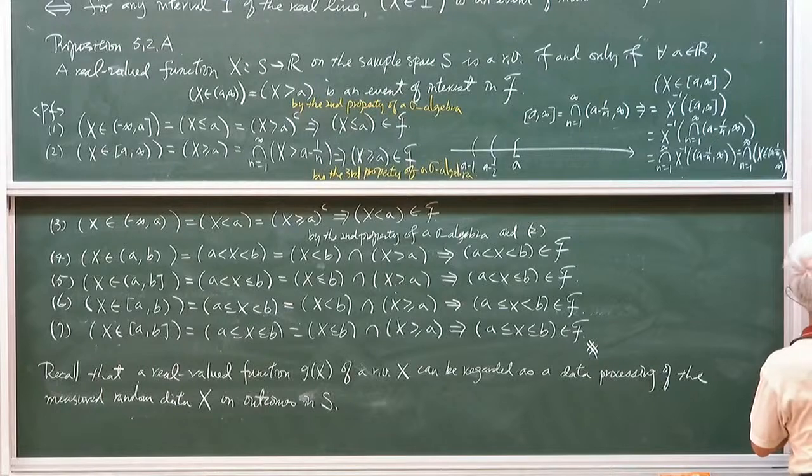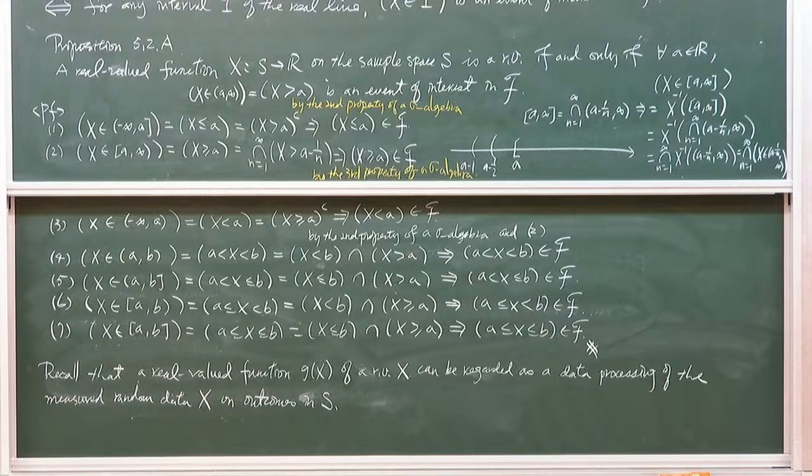Okay, so we let g be a real value function, so that the codomain is the set of all real numbers, on an interval I which contains the range of a random variable x.